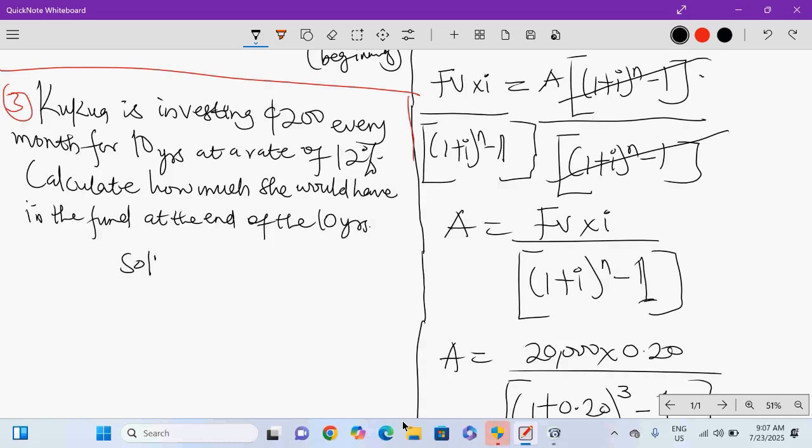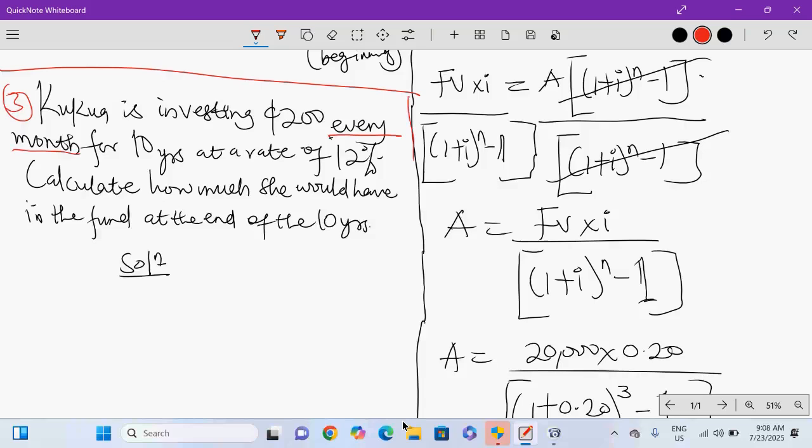So now the first question to ask yourself is, is it an annuity question? What makes it an annuity question? Kukwa is investing 200 cedis every month. That makes it an annuity. Every month you are making equal payments or receiving equal payments within equal intervals, right?